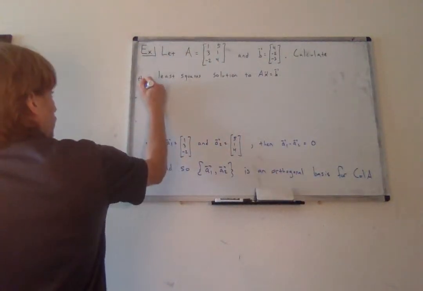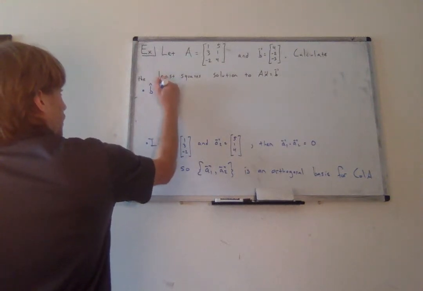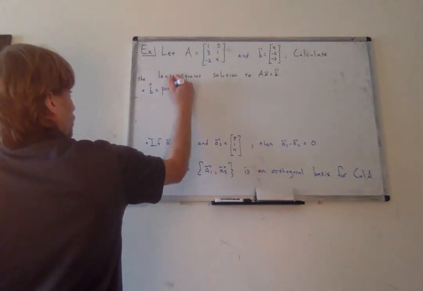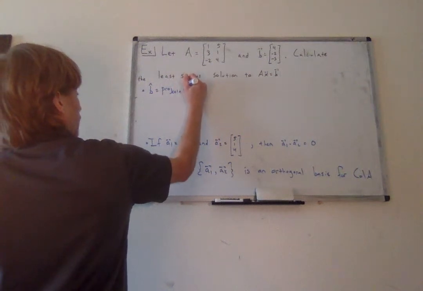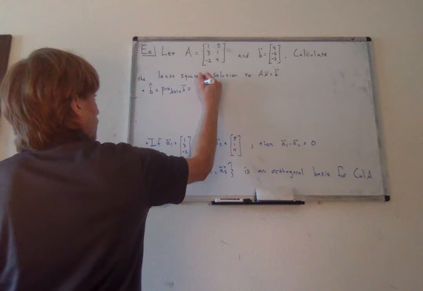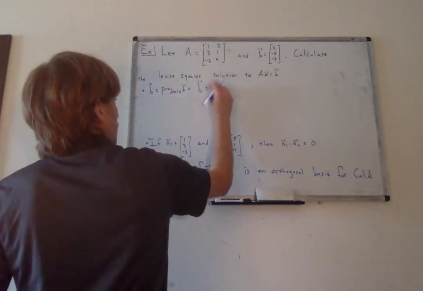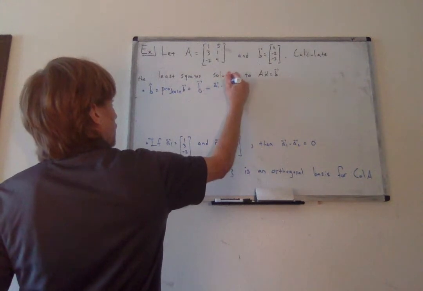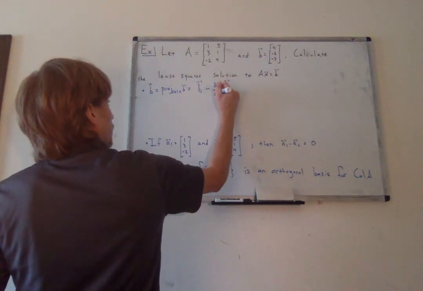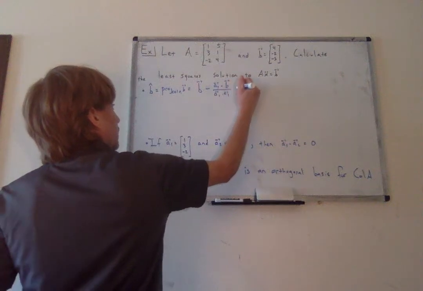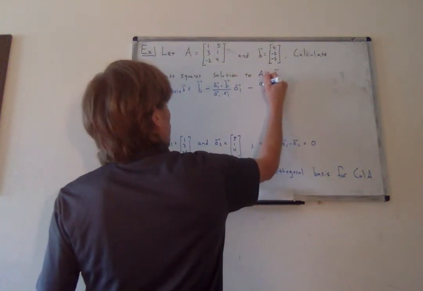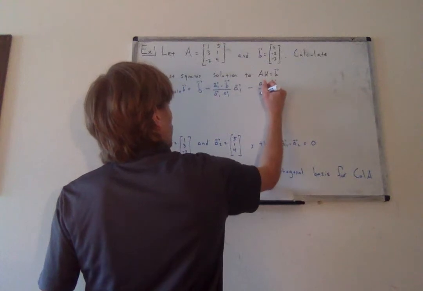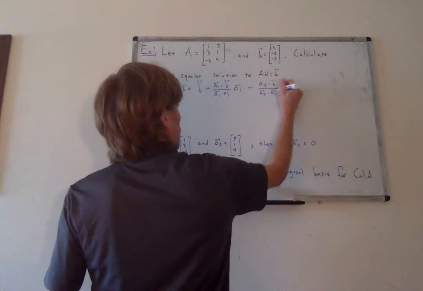Since the columns of A are orthogonal, we know that b hat, which is the best approximation to b using the columns of A, which is just the orthogonal projection of b onto the column space of A, is equal to a1 dot b over a1 dot a1 times the vector a1, plus a2 dot b over a2 dot a2 times the vector a2.